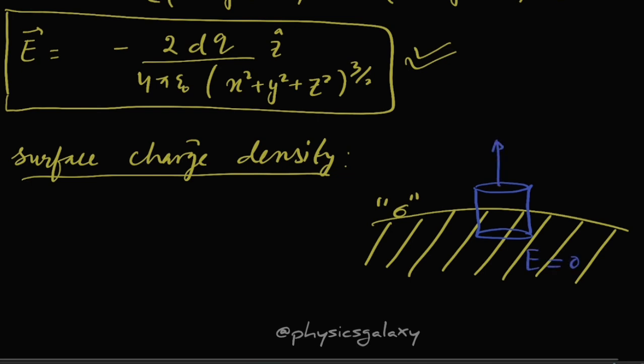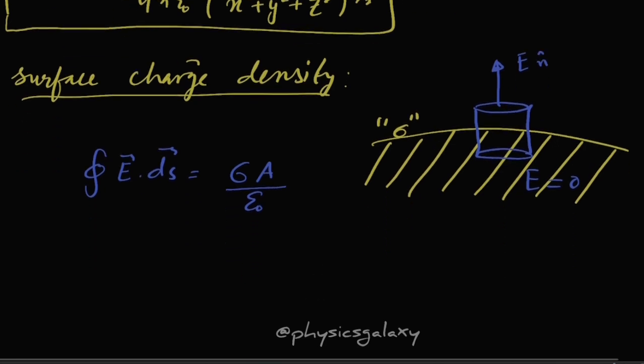Outside, it will be perpendicular, along n cap. So the integral of E dot ds will be the charge inside, sigma A divided by epsilon naught. So E out minus E in equals sigma A by epsilon naught.